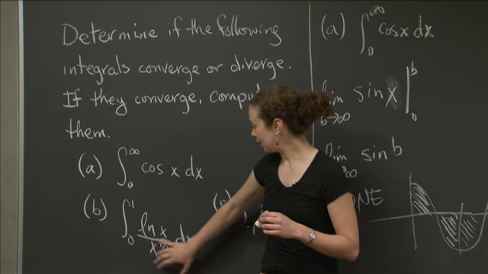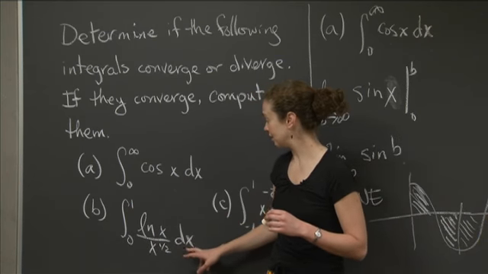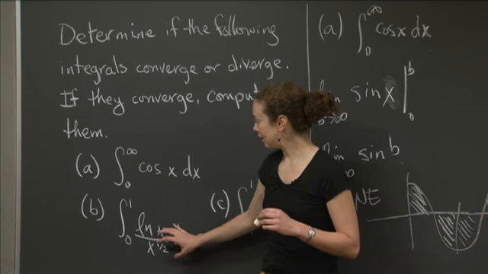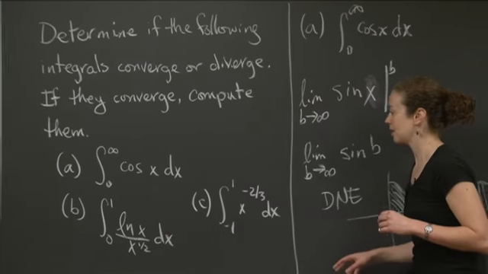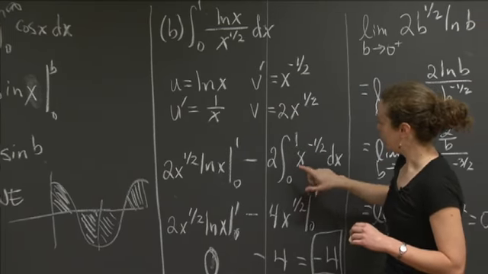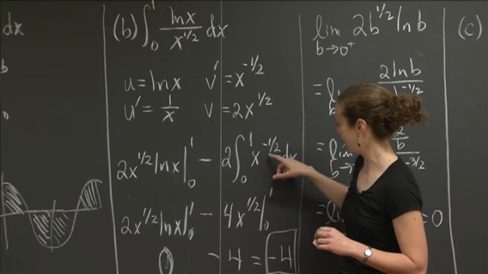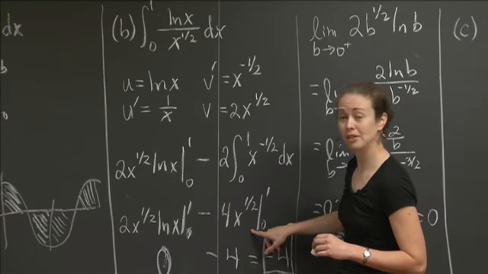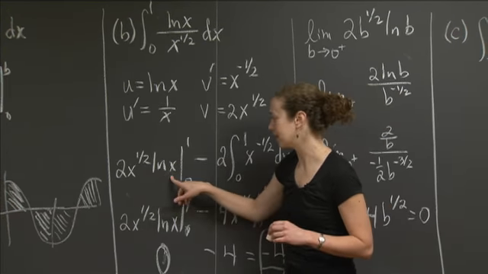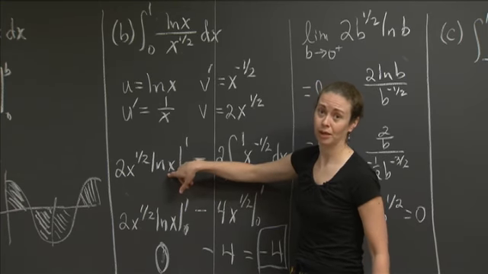And then b, we had this integral from 0 to 1, natural log x over root x dx. And the point here was a little more complicated. We used an integration by parts. We had an integral that converged easily because this was an easy improper integral to determine. And then we had this other thing that we had to evaluate, and you wound up having to use L'Hopital's rule to evaluate it.